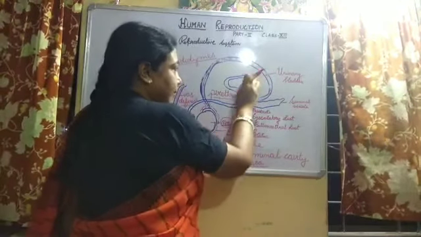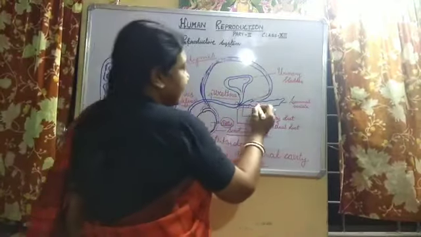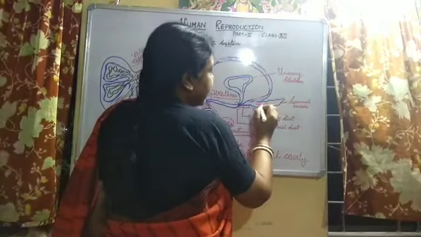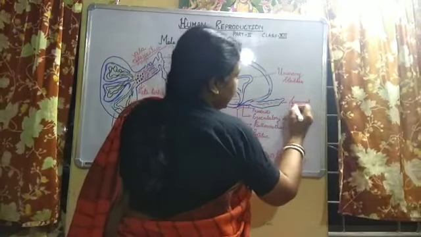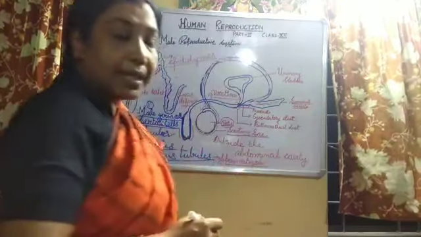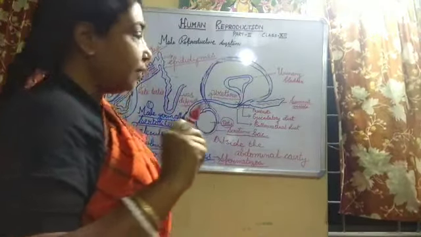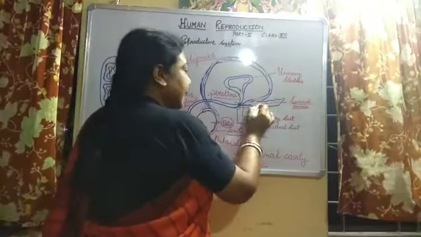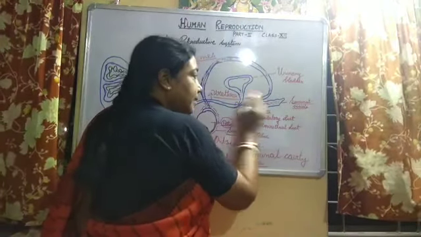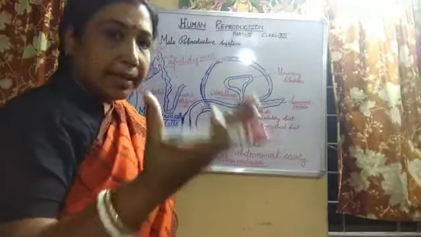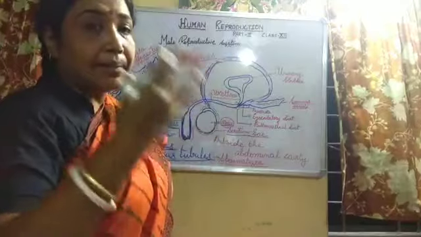In the way when it is about to meet the urinary bladder, I told you certain glands are present. It will meet a vesicle known as seminal vesicle. What it is known as? Seminal vesicle. Paired vesicle, okay? Always remember, this produces a fluid which is rich in fructose, calcium and enzyme.